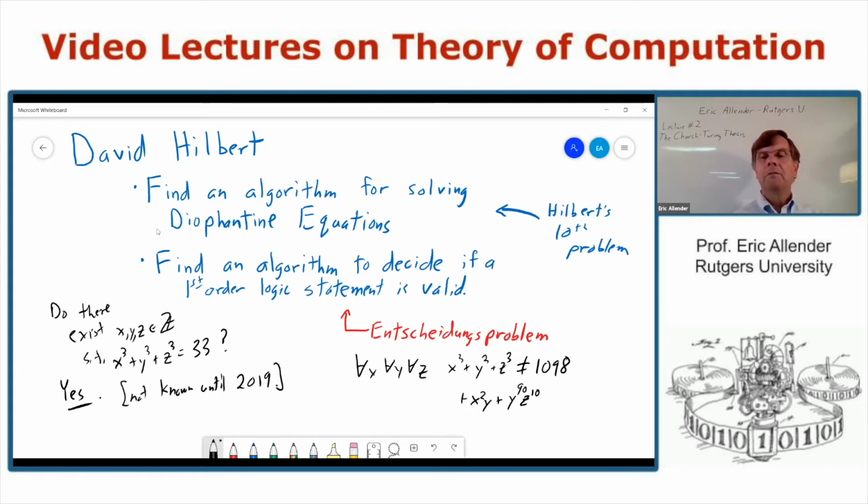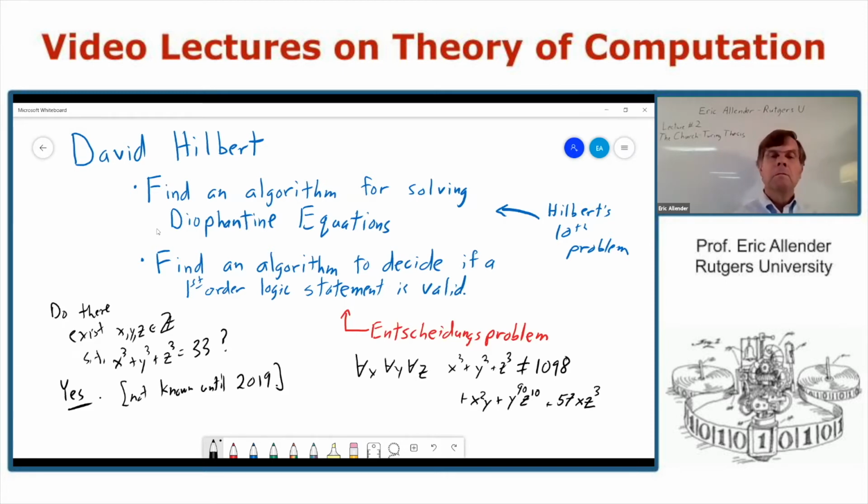You can have all kinds of terms, just anything you can write down that looks like a polynomial with integer coefficients. So maybe we'll also allow 57 x z cubed. Okay. That's what a Diophantine equation is.